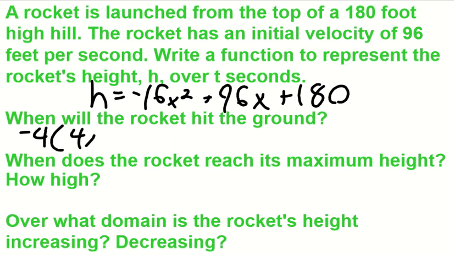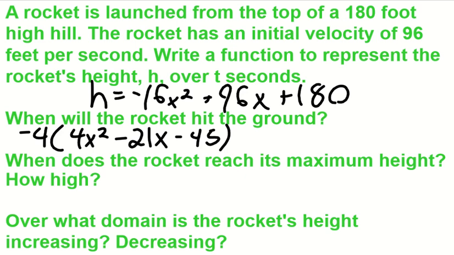So we'll go with the negative 4. So we got 4x squared minus 21x minus 45.